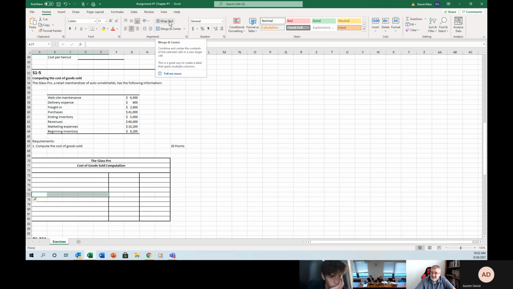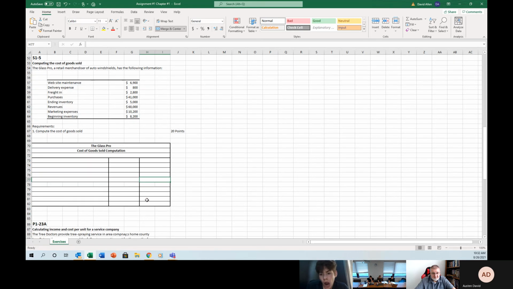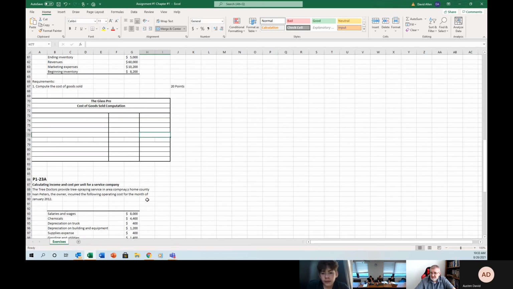Now, you may not see that in your alignment cell depending on which format you have, but all you have to do is find the alignment stuff, and then you can find merge cells. So you merge that cell, and then you come over here and click these 2 and merge that cell, and you do it again for any of them that you need to merge. Everybody got that? Okay.